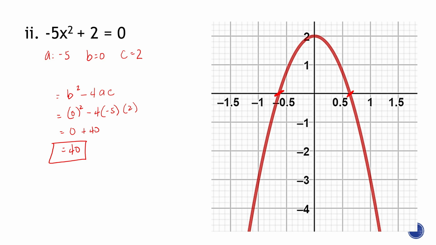So that's why I know that it's going to be irrational. Okay, and by just looking at the graph, we can't clearly see the exact value of those roots. What we know is that there are two roots and they are irrational. We know that they are irrational because the discriminant is equal to 40. It's positive and it's not a perfect square number.